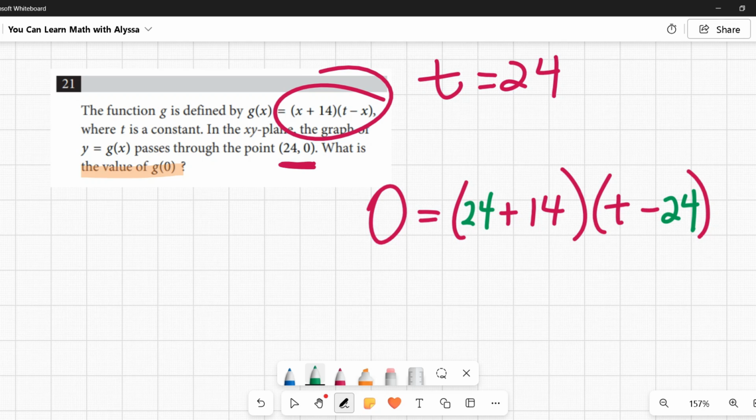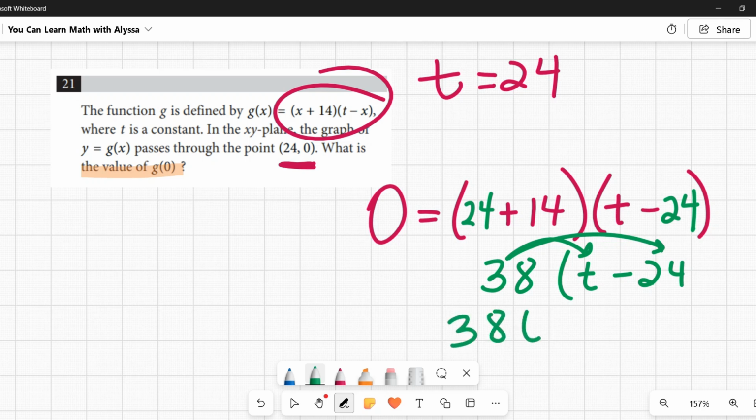All right, so 24 plus 14 is 38. We have this times t minus 24, and I need to distribute that. So I get 38t minus, and I can multiply a lot of stuff in my head, but 38 times negative 24, no, I cannot multiply that in my head.